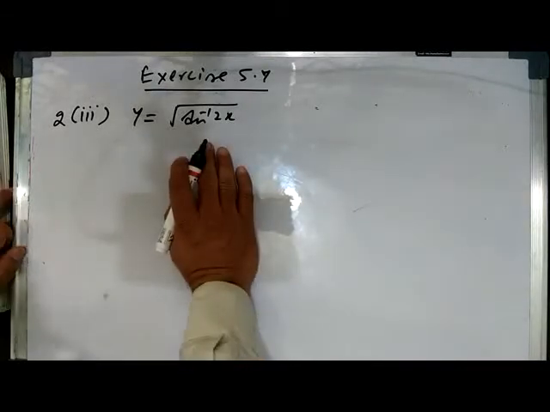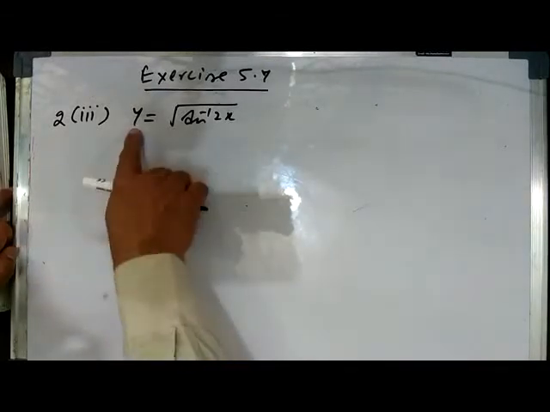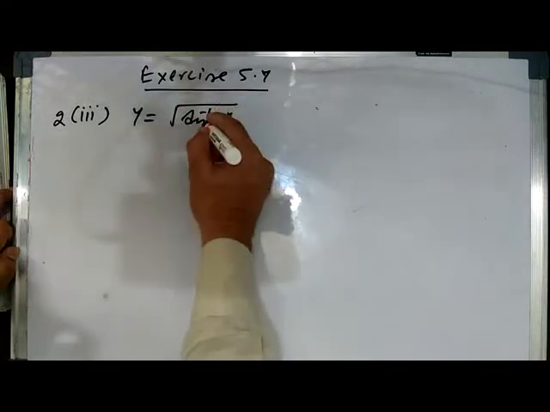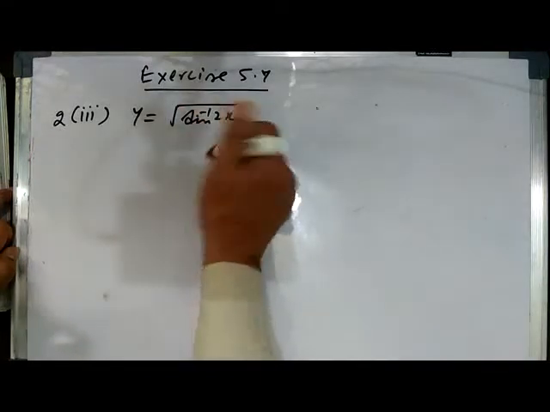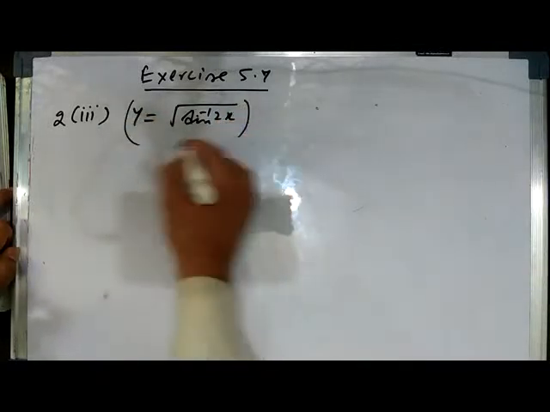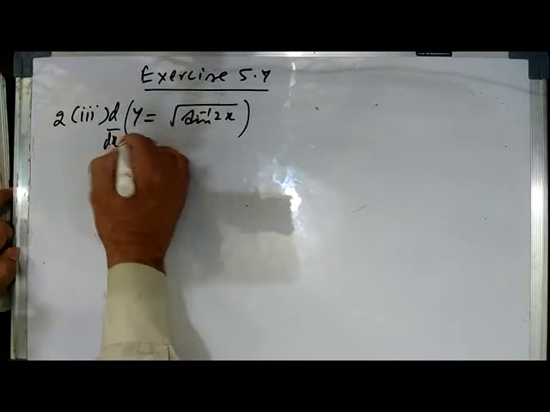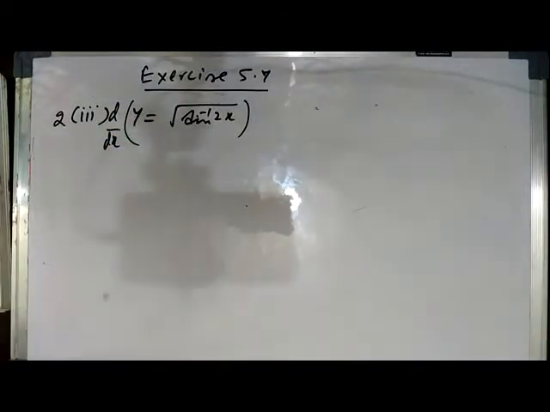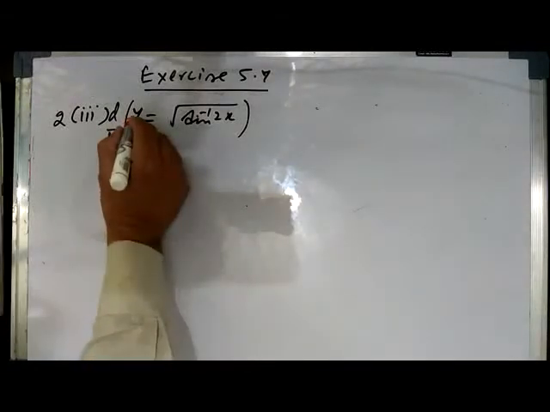Since it is a composite function where y is a function of square root, inside the square root there is sine inverse, and sine inverse is a function of 2x, we should apply the chain rule here. Suppose d/dx is a differential operator. So first it strikes y.